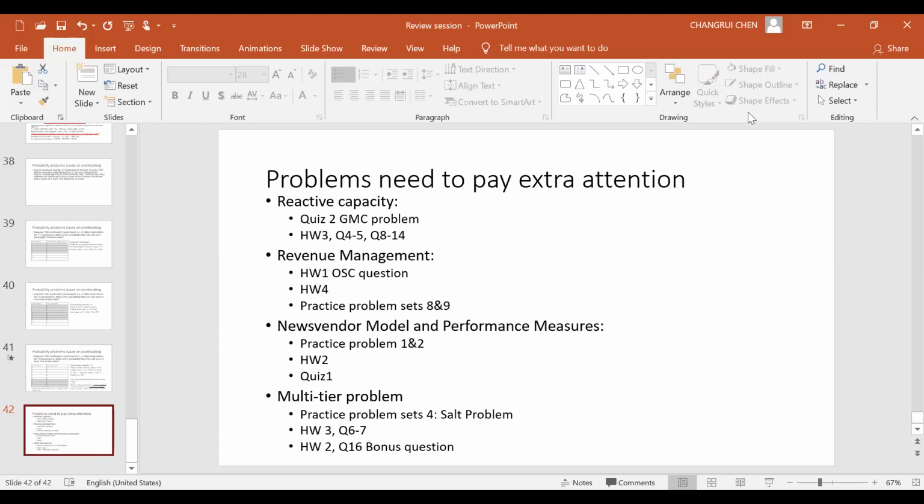Yes, what kind of methodology they use, so go look at the case. Not necessarily calculation stuff, just more methodology, more conceptual type questions.